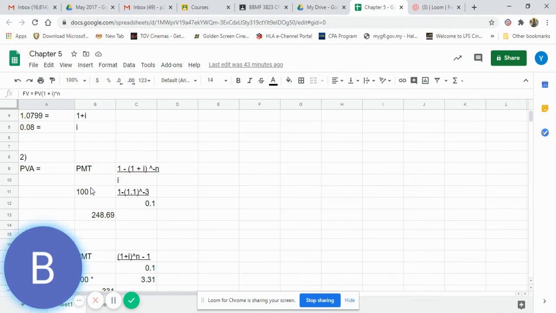PMT is 100, the interest rate is 10%, therefore 0.1. 1 plus 0.1 gives 1.1 to the power of negative 3, as the number of periods is 3 years, and divide by the interest rate 0.1. Therefore, you should be getting 248.69 as the answer.